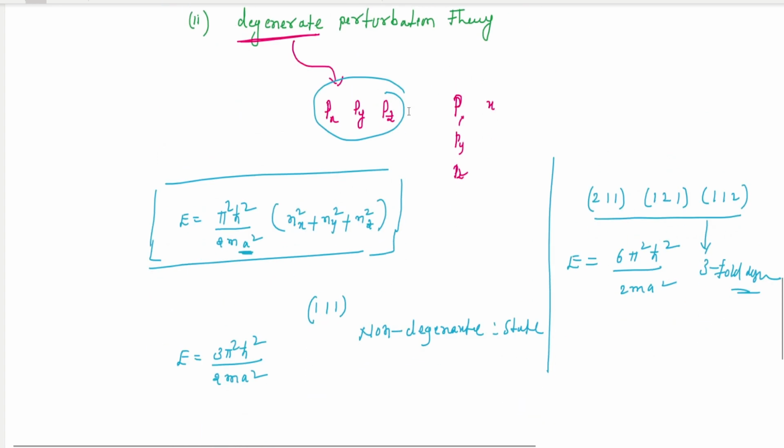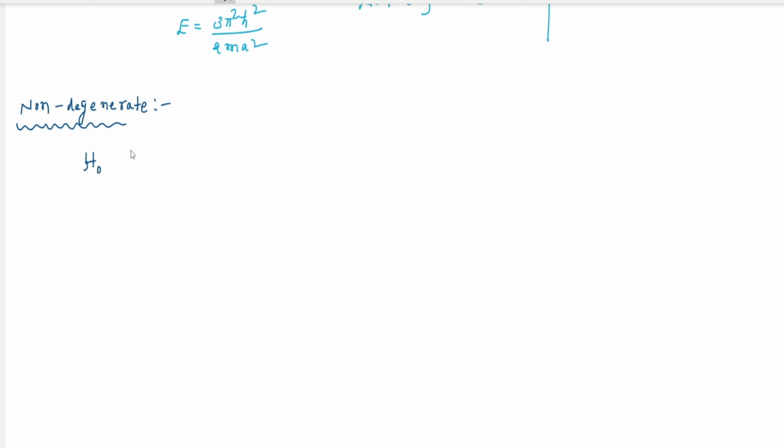non-degenerate perturbation theory. In the case where H naught has no degenerate eigenvalues, that is, for every energy En naught there is only one corresponding eigenstate, psi n, like I discussed here.